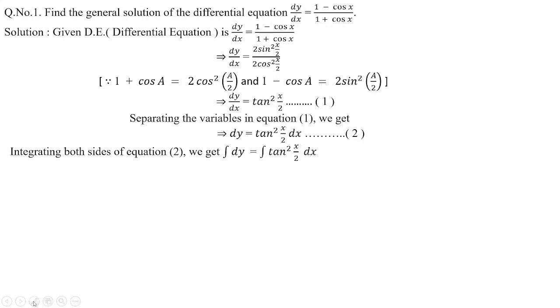We get integral dy. See there, in the previous step dy is there. So integral dy is equal to, in RHS, integral tan square x by 2 dx. Just we have added the integral sign on both sides. That is called integrating both sides of the equation 2. Okay, my children? Understood this step?